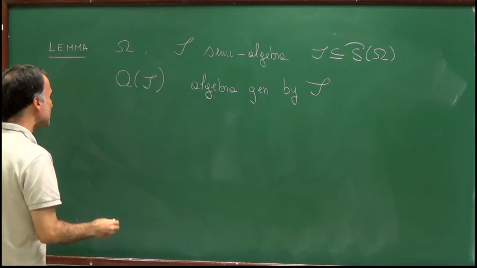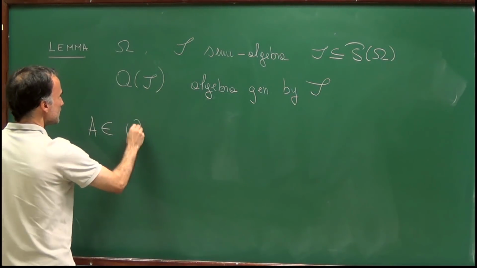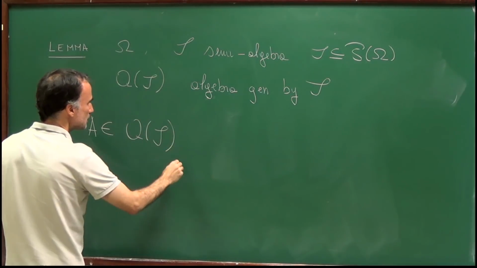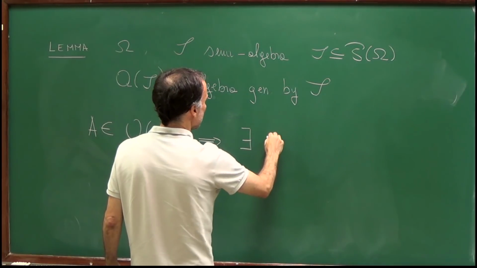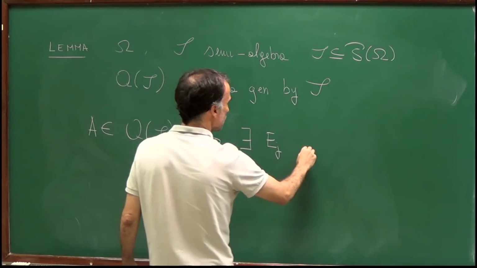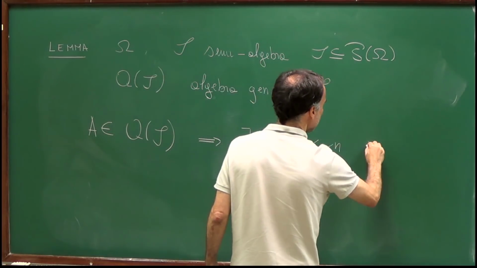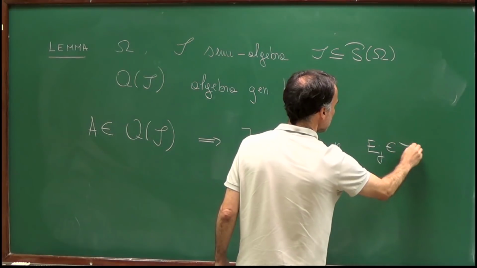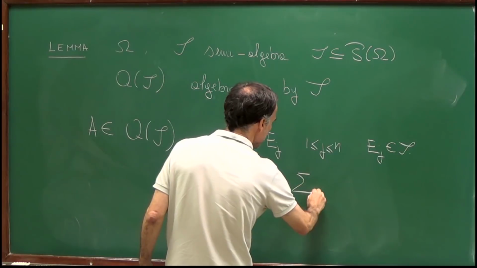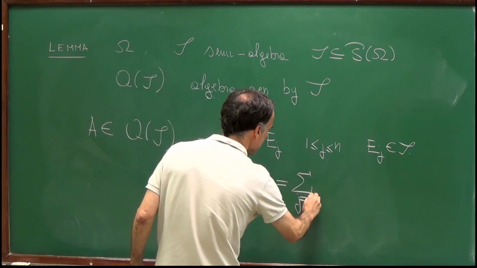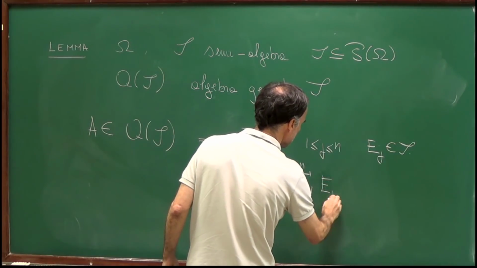What I claim is that if A belongs to A of S, then there exist E_j, j from 1 to N, in the semi-algebra, such that A is equal to the disjoint union of the E_j.